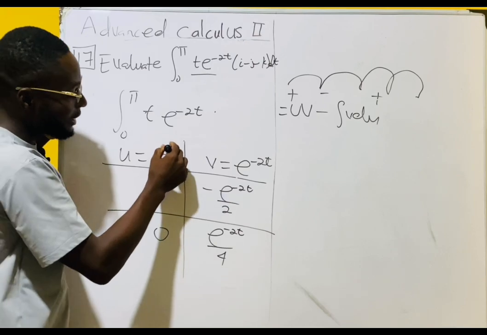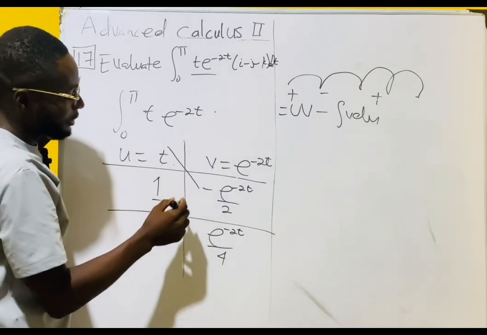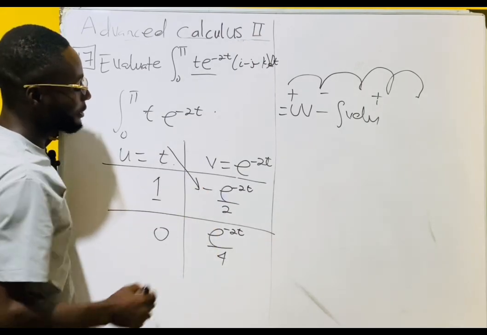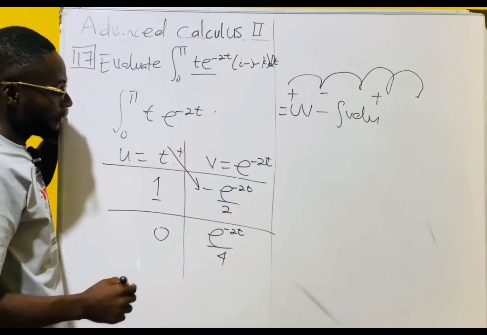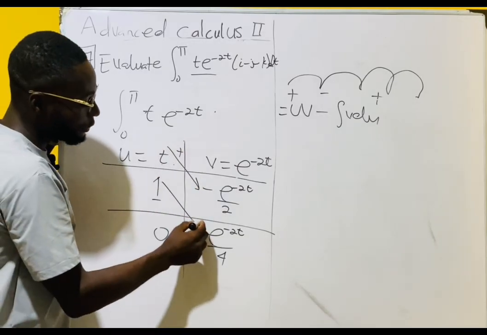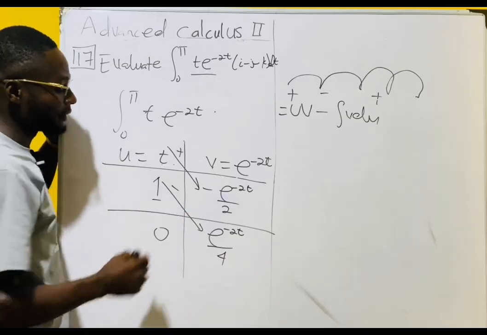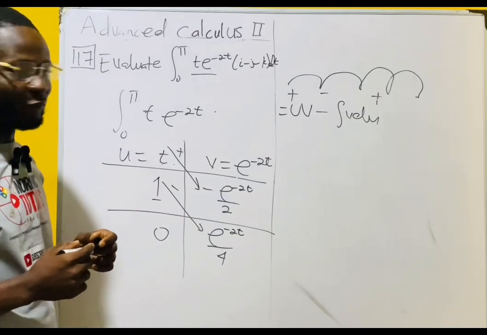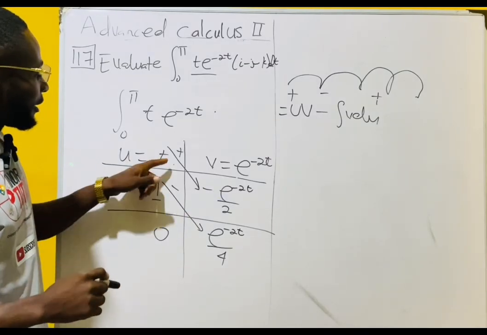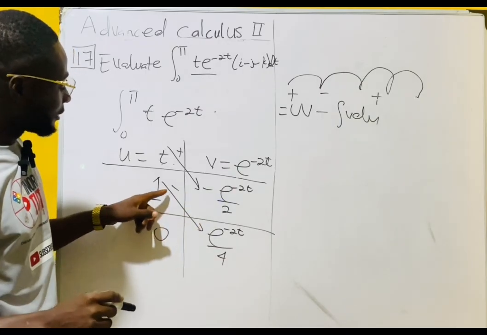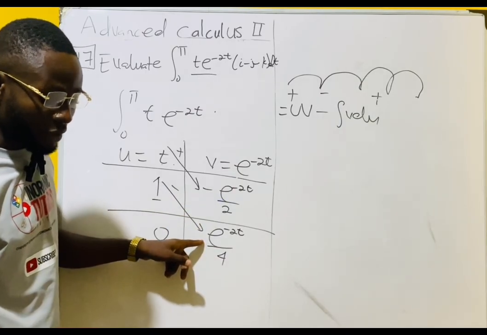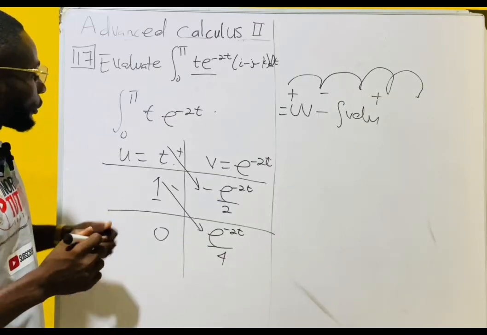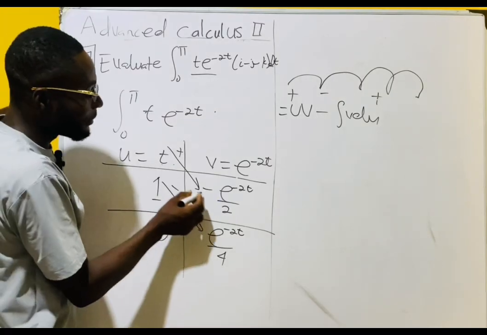So this to this, right? So that is positive. Then this to this, that is negative. Very simple. So this to that, this to that. Okay, so we're going to have this multiplying this.